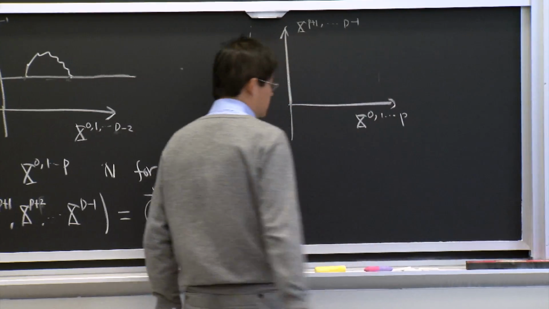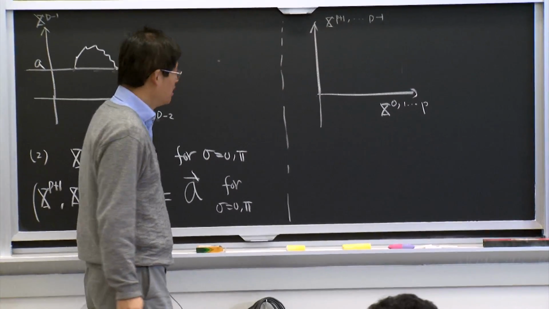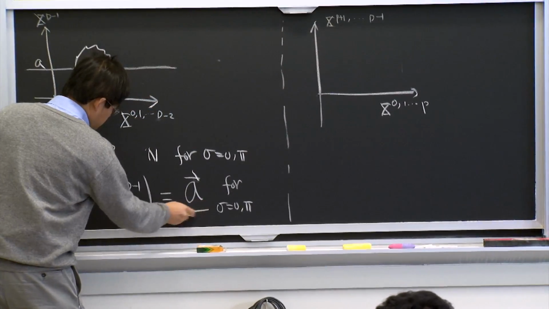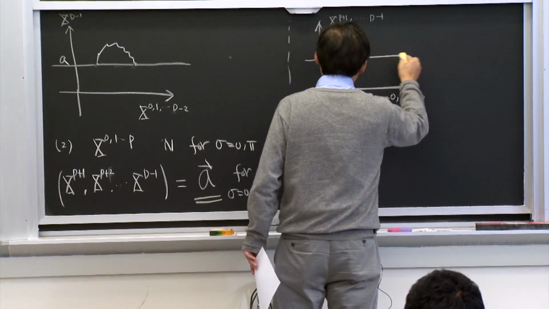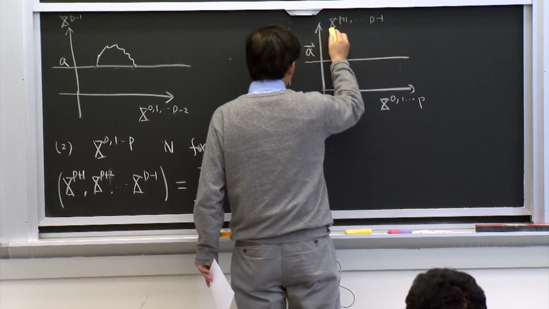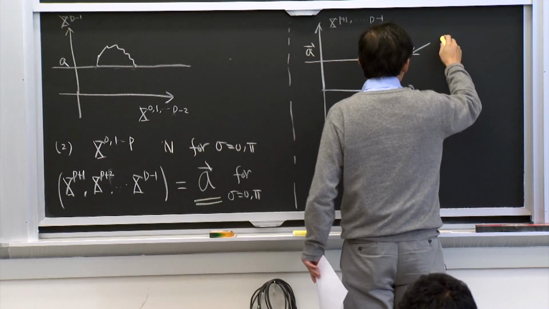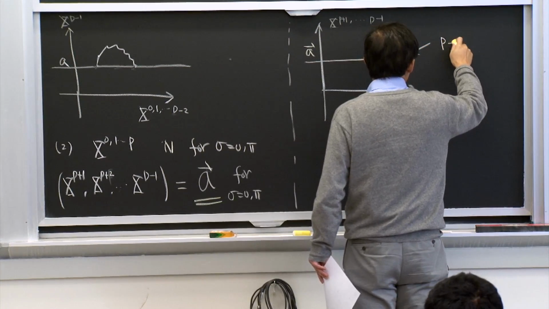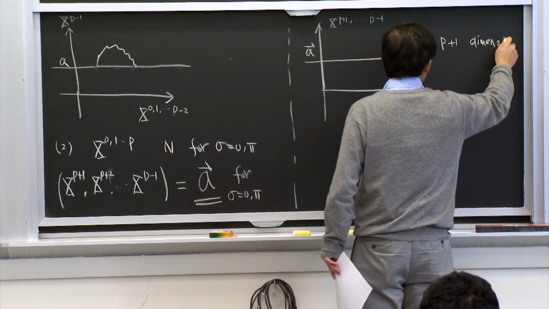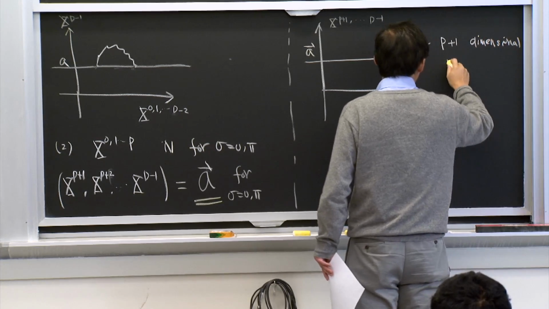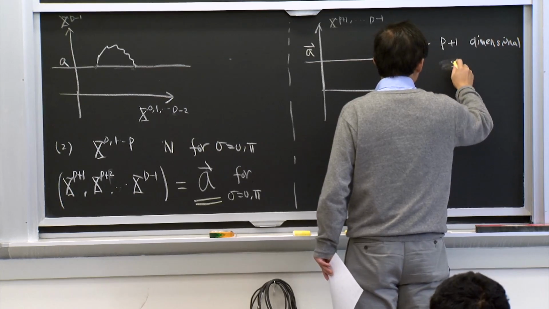So now both axes are multi-dimensional. And then this A specifies a hypersurface.